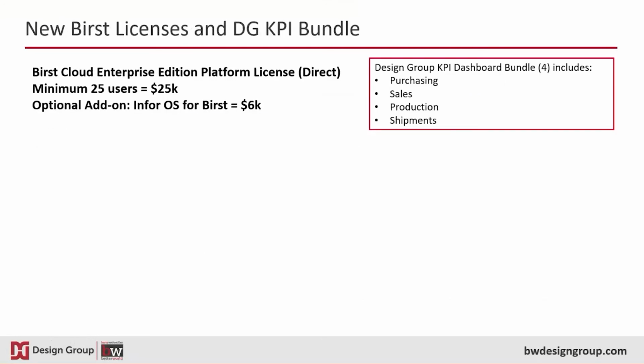Sure. So the other really critical thing that Infor did last year was completely repackage the way we take Burst to market. We heard from many of our customers that it was complex to understand all the SKUs that Burst offered.